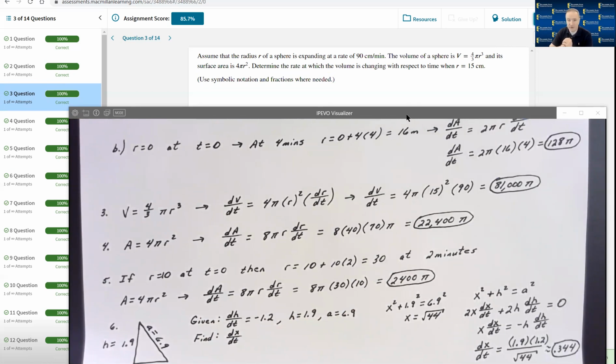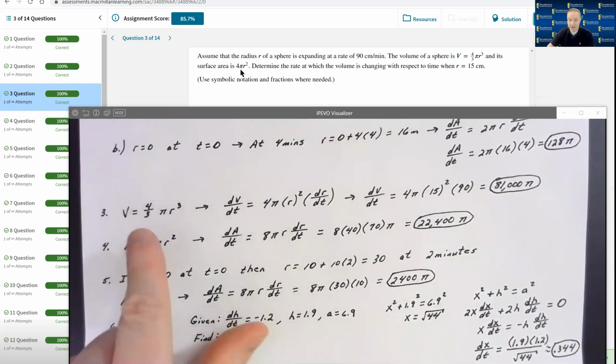Determine the rate at which the volume is changing with respect to time when r is equal to 15. Now, please notice it's giving you more information than you need. The problem is explicitly asking us to determine the rate of change of volume. So do I need the surface area formula? No, that's extra information that's unnecessary for this problem.